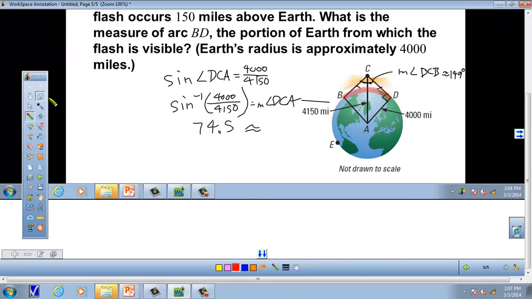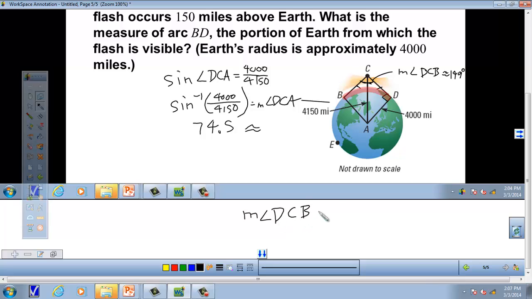The reason why this one's a little bit tricky is because we don't know this and we don't know that arc. We know that the measure of angle DCB is equal to 1/2 this big arc right here, which is BED, minus the smaller arc, which is BD.